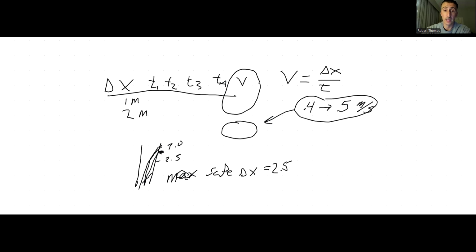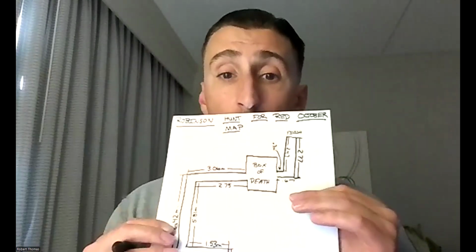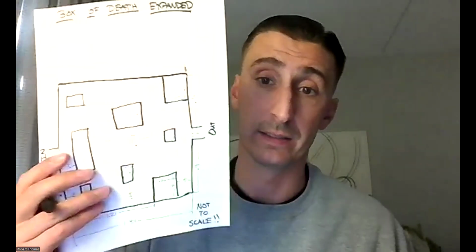All right, so here's what we're doing today. What you're going to do today is get your map. You're going to get one of these, and on the back is this. I'm going to walk you through a little bit of the calculations.